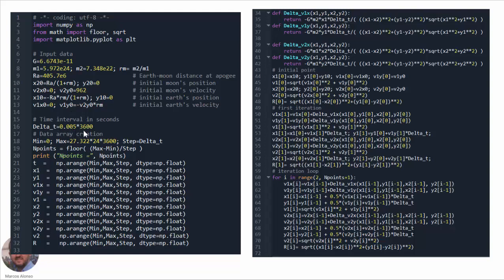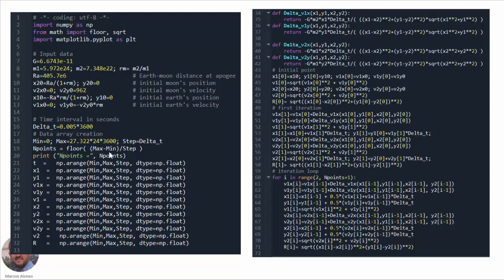Then we have selected this interval here in seconds for the delta t interval. We are going to calculate one full rotation of the Moon. So the period of the Moon is approximately 27.3 days times 24 hours times 3600 seconds.